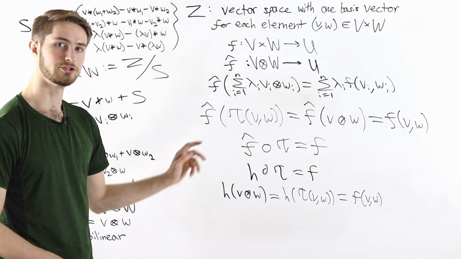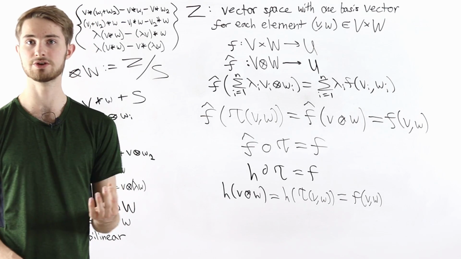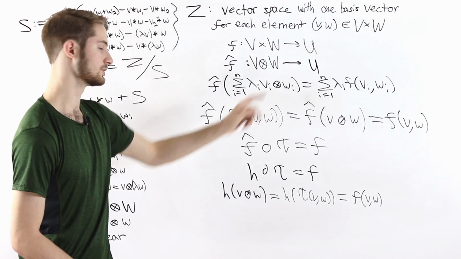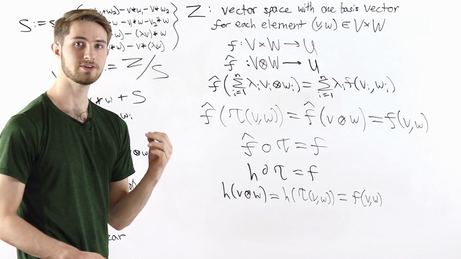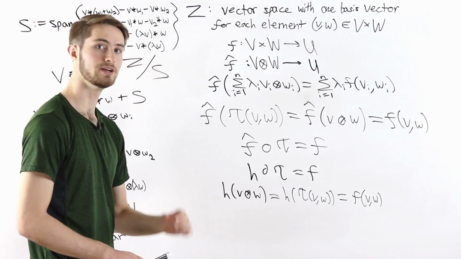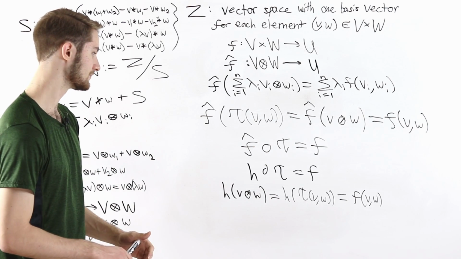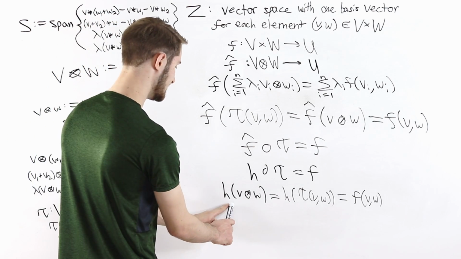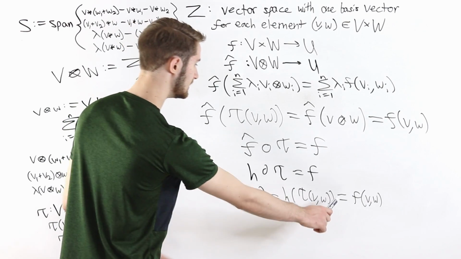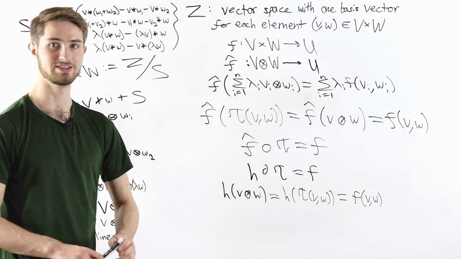So this equation determines the value of h on every pure tensor. But we know that the pure tensors generate the tensor product. So because h is linear, specifying h on every pure tensor also specifies h on the entirety of the tensor product, which means that there exists only one map that satisfies h of v tensor w equals f of (v, w). In particular, that map is f hat.